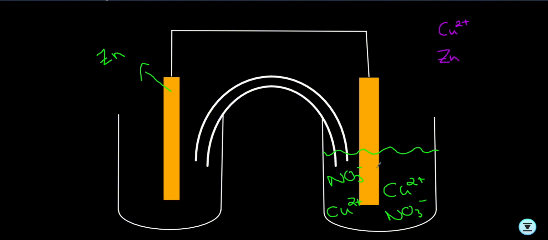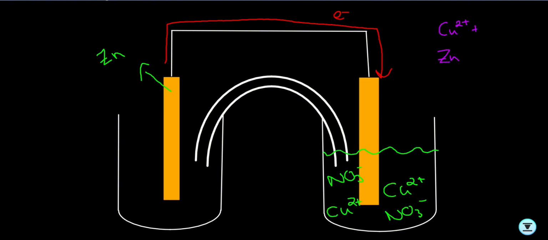So it's still a spontaneous reaction. It's still between the two, even though they don't come into contact. It's just that there's an intermediary that is allowing my electrons to travel from one to the other. So the way my electrons are going to travel is they're going to travel from my zinc. They're going to go all the way down to my copper electrode. That's my electron movement. Now, what do my two half reactions look like?